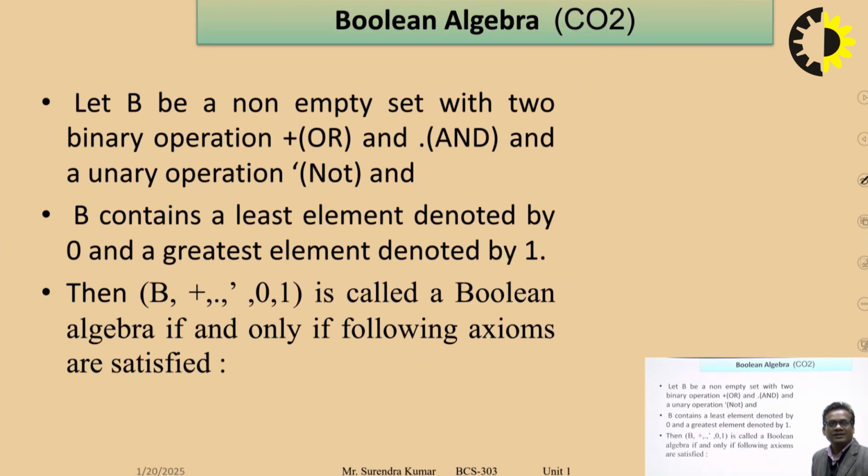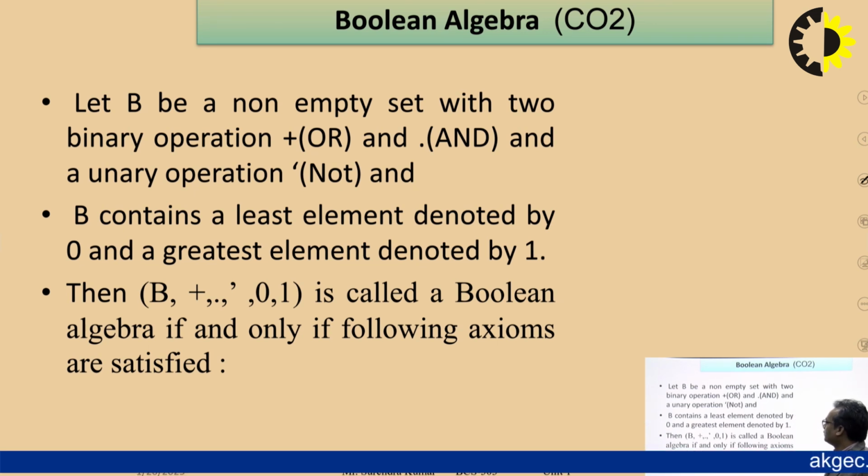Boolean algebra: let B be a non-empty set with two binary operations, plus and dot, and a unary operation, not. B contains at least one element denoted by 0 and a greatest element denoted by 1.